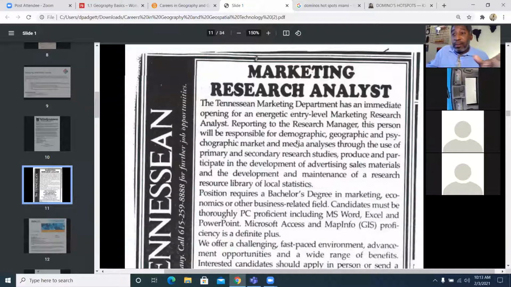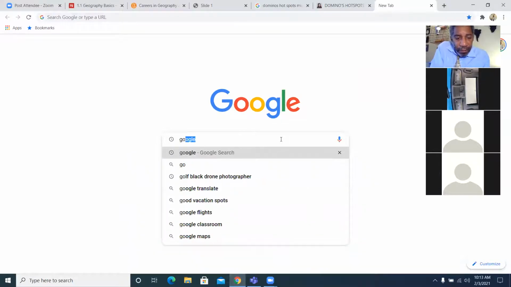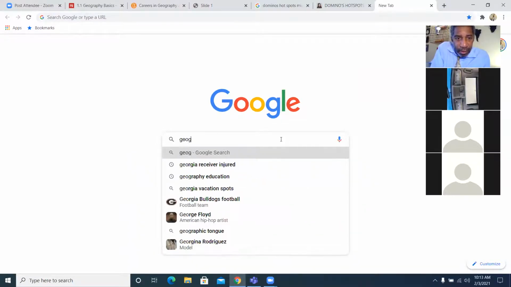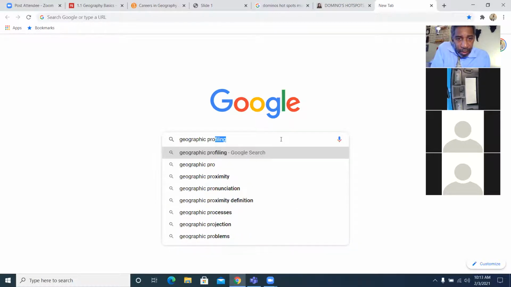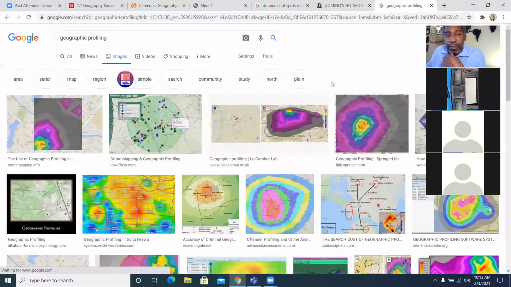It's not just let's name these mountain ranges. No, this is very deep. There's a whole area of geography that's called geographic profiling. And it's a methodology that's used in fighting crime, especially.